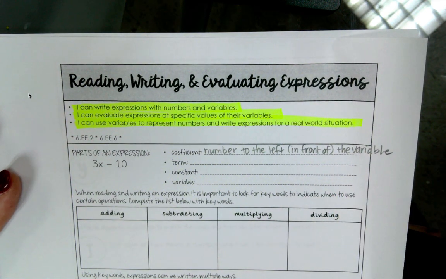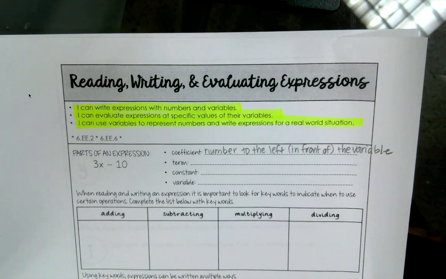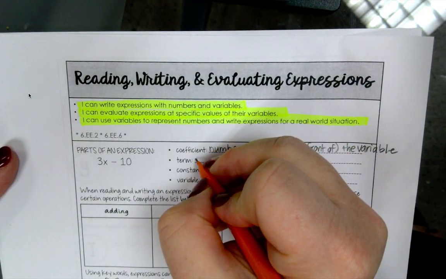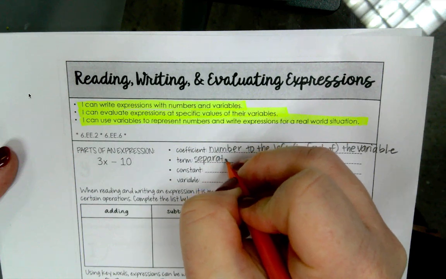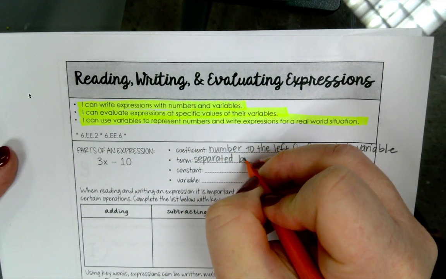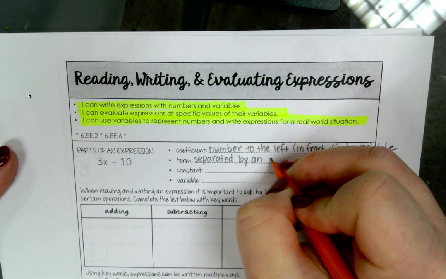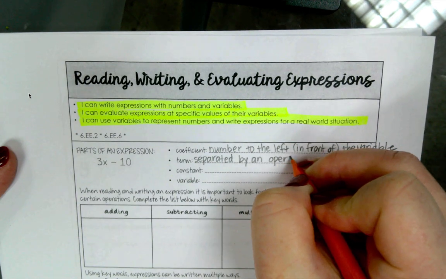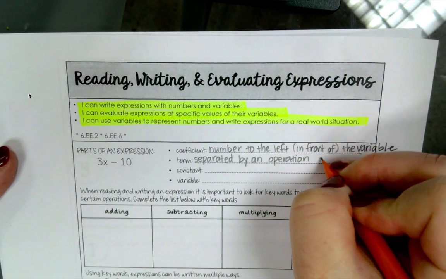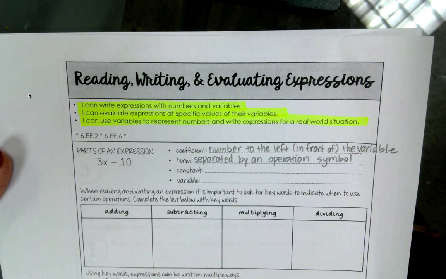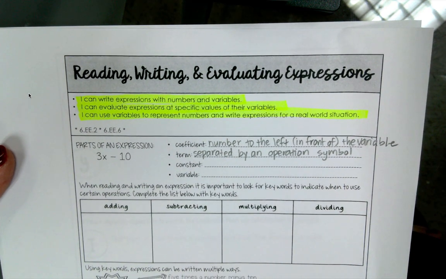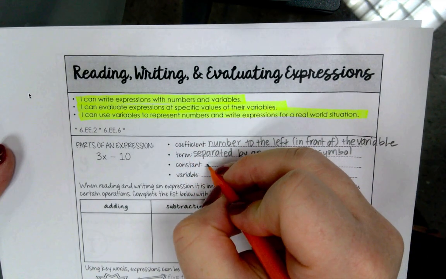A term is separated by an operation symbol. A constant is a number all by itself.